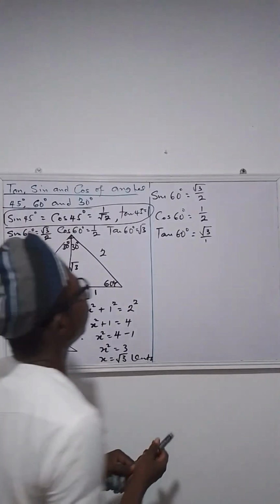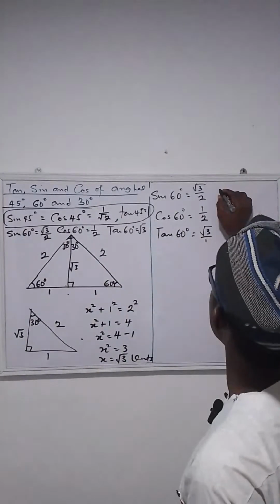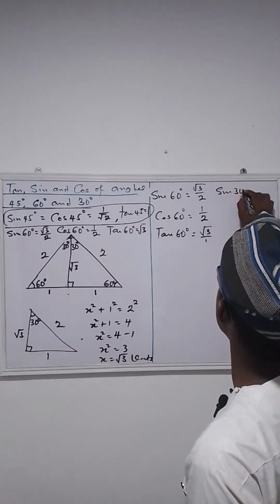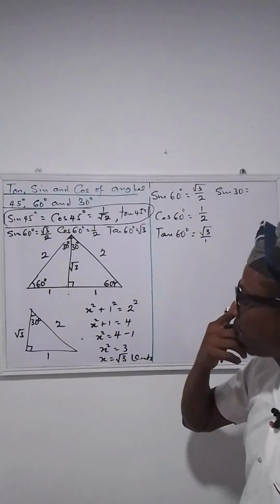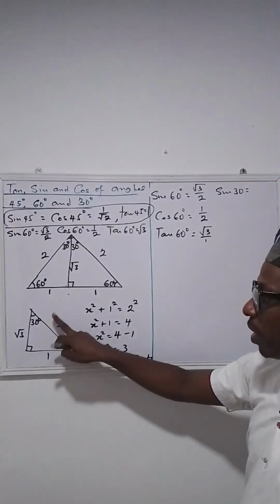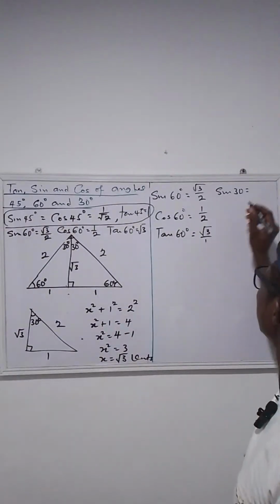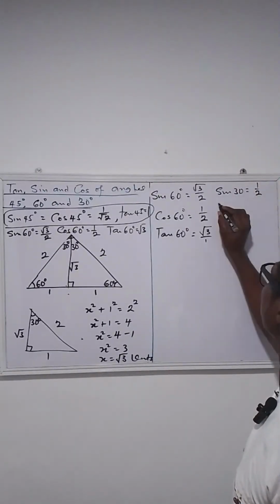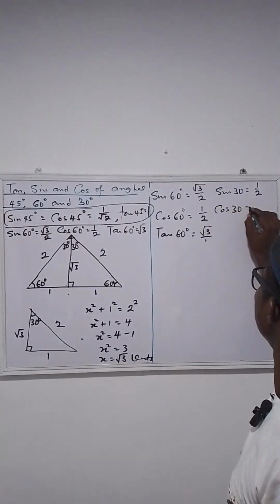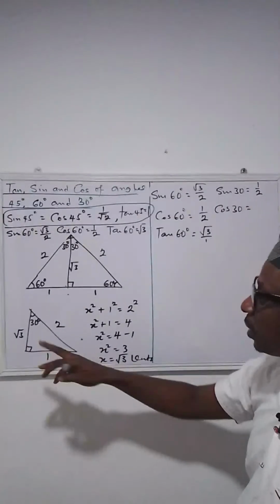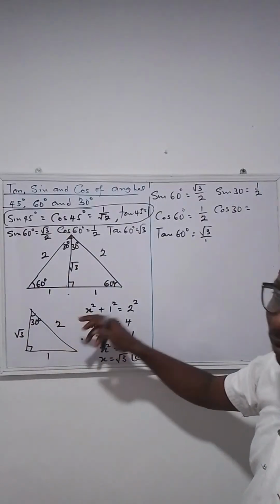So now let's start with the first one. We have sine 30 is opposite over hypotenuse. Where is the opposite? This is the opposite over hypotenuse. That's 1 over 2. So the next one is cos 30. Cos 30 is adjacent over hypotenuse.